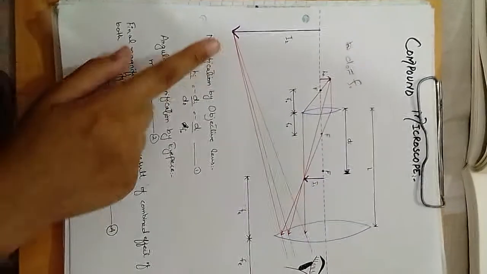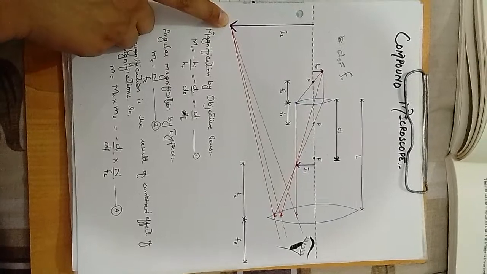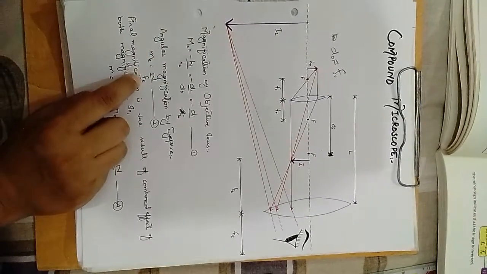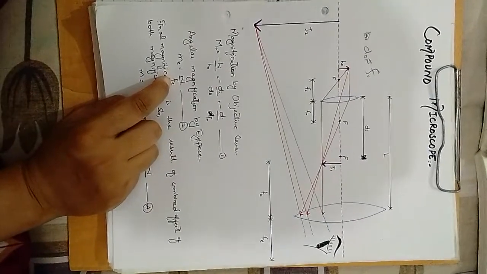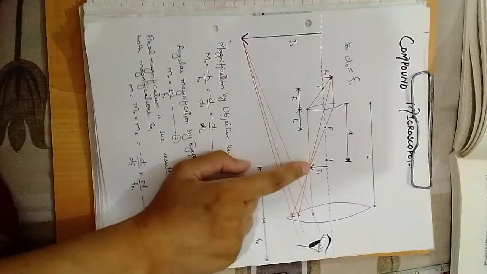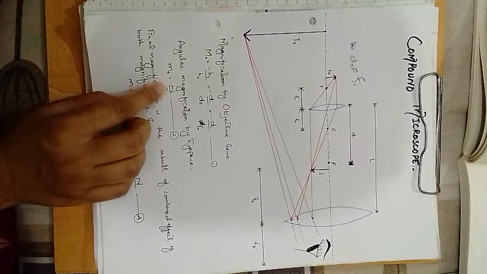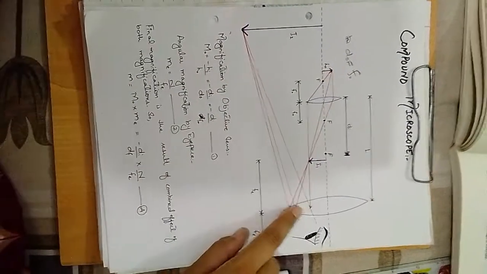All right, as it is at almost infinite distance, we can say it is much farther than the eyepiece. So we are going to use the formula for the infinite distance of the image, right? So this one was the image formed right here for this lens, and this magnification is for the image formed right here by this lens.